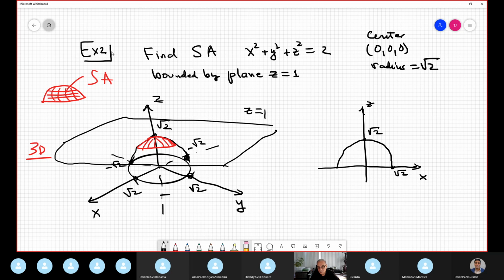And we have a plane at 1. Let me use another color. We have a plane at 1 here. And this is my surface. Look at that. Curvy.